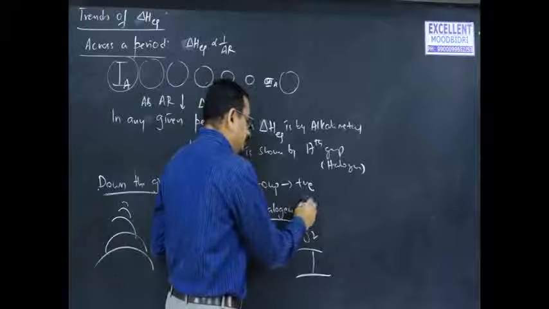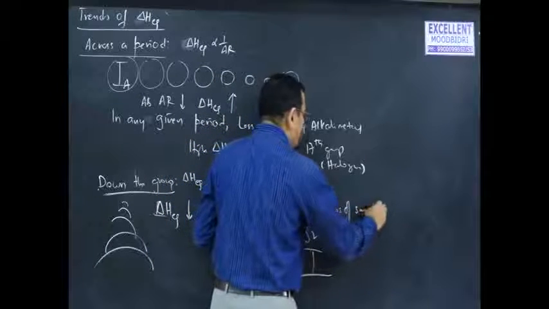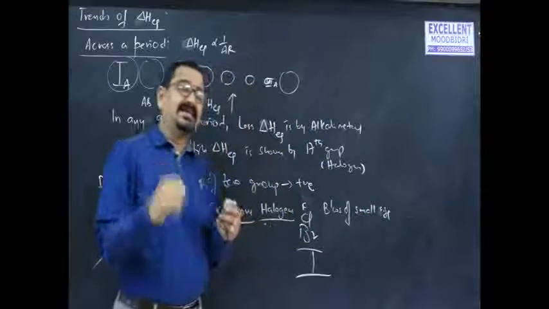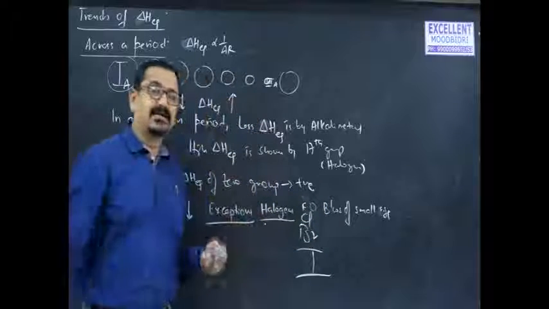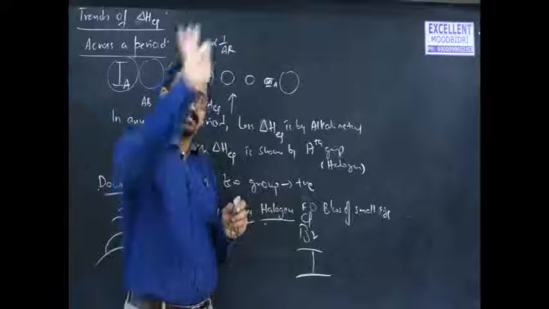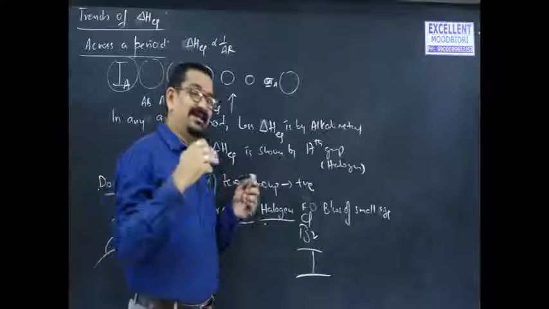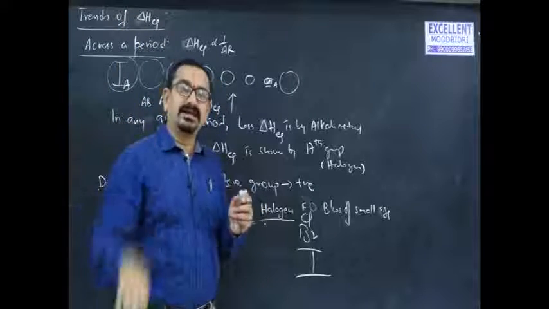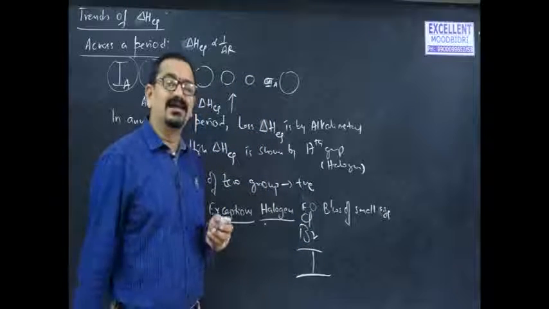But because of its small size, in fluorine there exist interelectronic repulsions. The already existing electrons repel one another, and these interelectronic repulsions won't allow the newly added electron to enter easily. That is why even though it is smaller, it is not the one with high electron gain enthalpy.